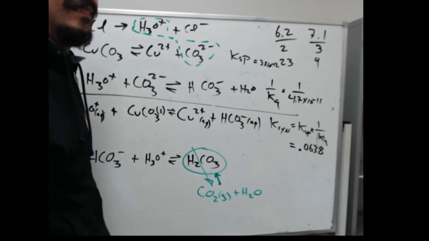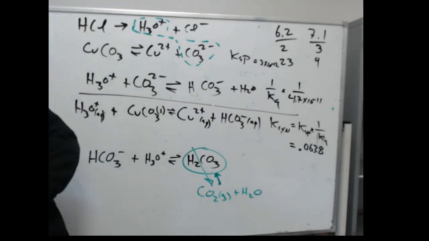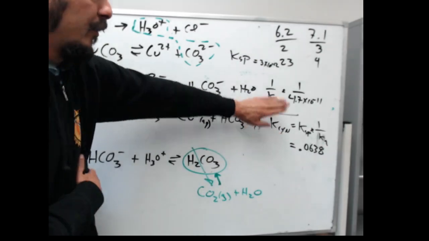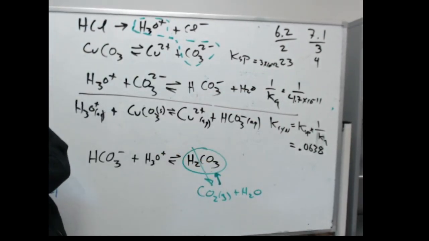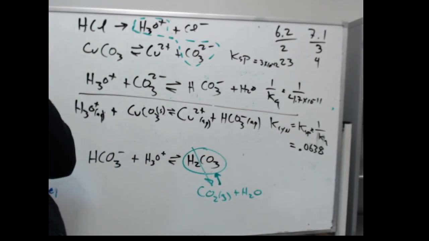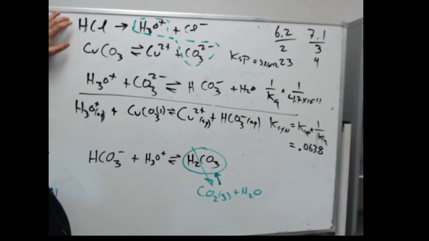In strong acids, anything that can behave as a weak base will dissolve to some extent. My solubility has dramatically increased, still not bigger than 1, but dramatically increased. And then we say, okay, what if we did a weak acid? If we had a weak acid, then we would need to worry about this first equilibrium that we didn't have to worry about this time.